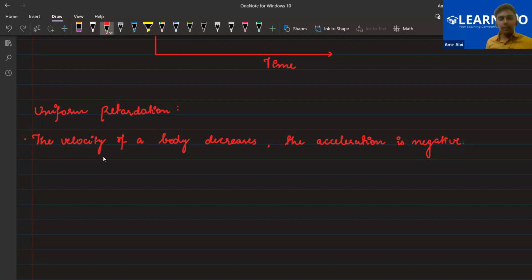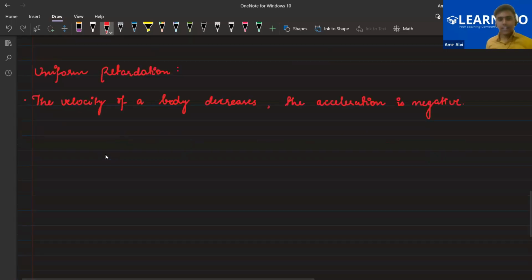So that's why there is a little bit of distortion in the writing. Please pardon me for that. I'm trying to write as clearly as possible.